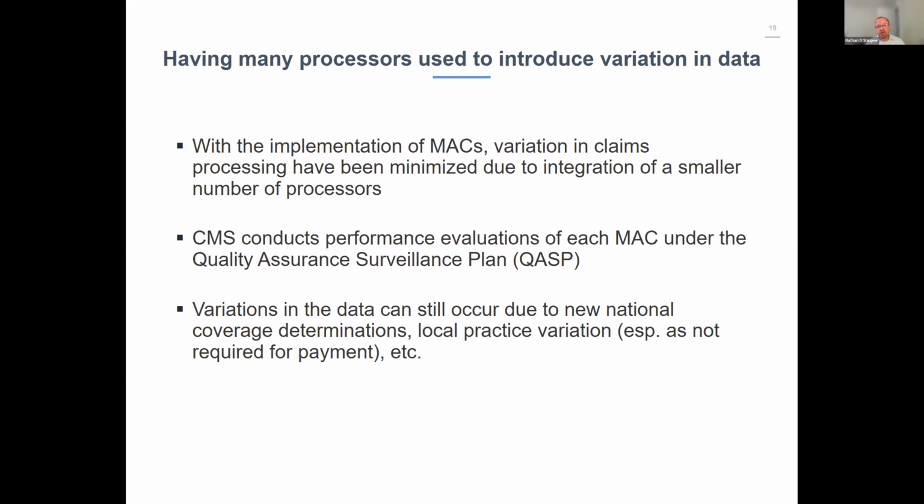But with the implementation of the MACs, the variation in that claims processing has really been minimized because we have that integration of a much smaller number of processors across the country.